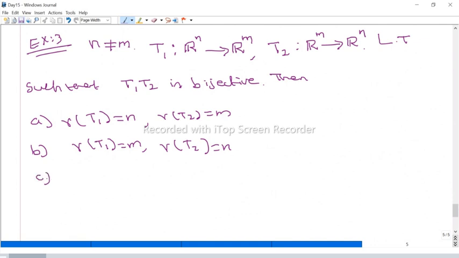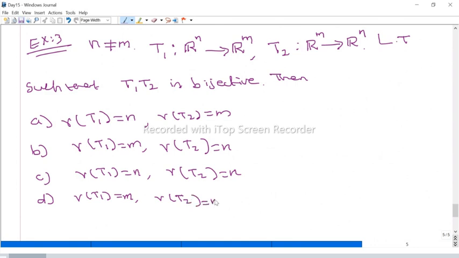The third option: the rank of T1 is n, but the rank of T2 is also n. The last one: both are m, that is, the rank of T1 is m and the rank of T2 is also m. Which one is correct?